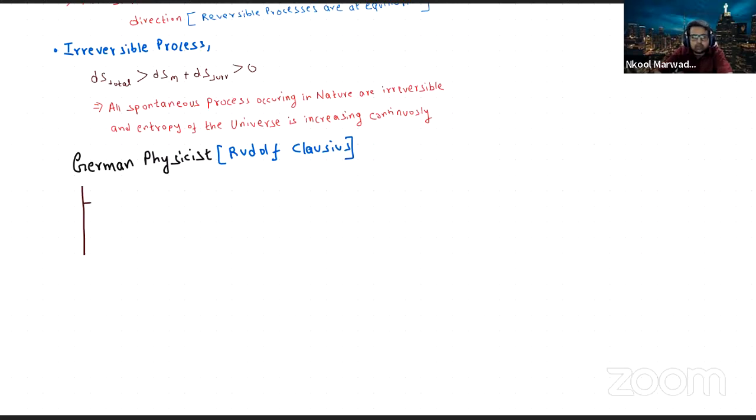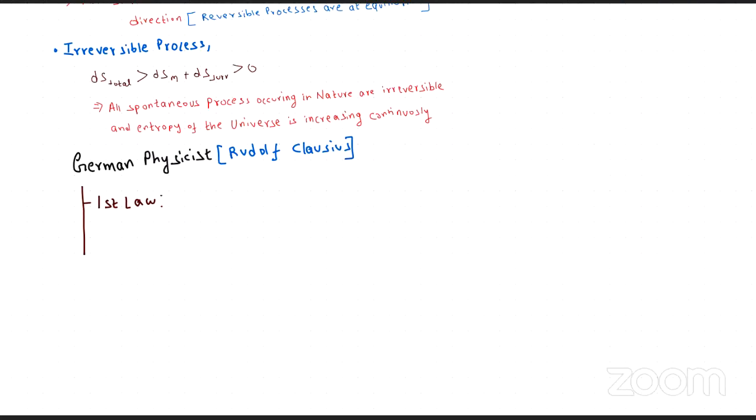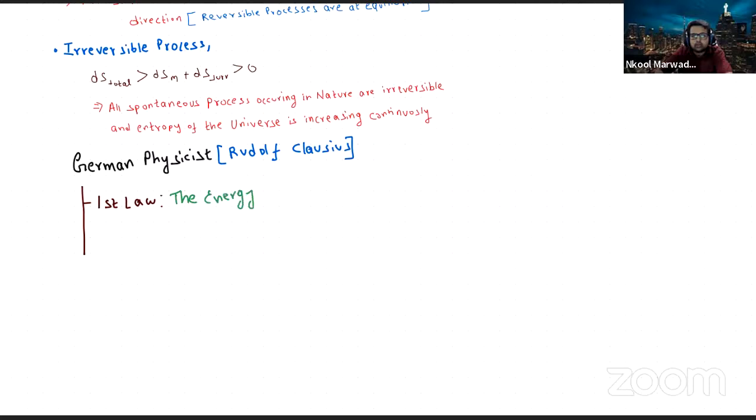He summarized the first law and second law into one statement. The first law, in very simple terms, says that the energy of the universe remains constant.